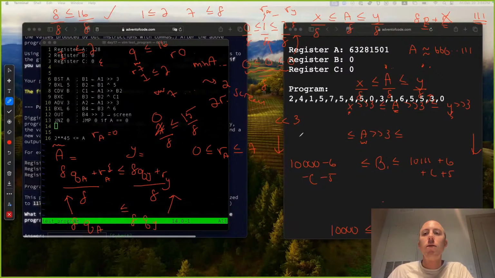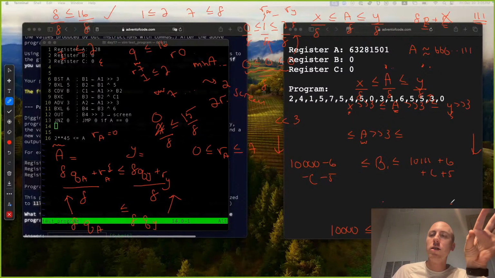Maybe the maximum would increase by 7, because we do have the remainder that got chopped off, so we would recover it, and A is greater than or equal to this, and less than or equal to this. That does feel like what we should do.